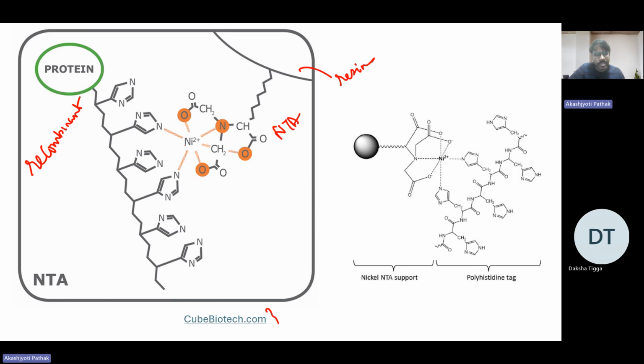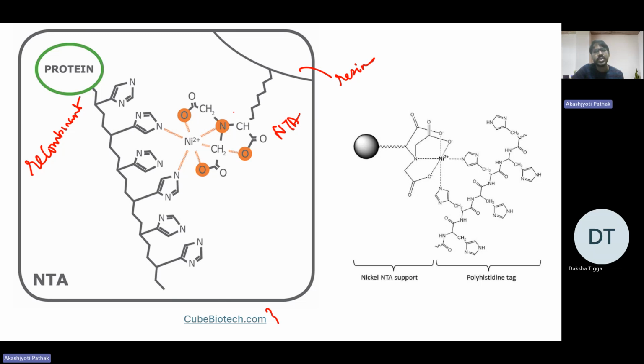So there is a coordinate bond between the histidine tag and the nickel. It is forming 6 different coordinate bonds: 2 coordinate bonds with the histidine residues, and 4 other coordinate bonds with the NTA molecule, nitrilotriacetic acid.